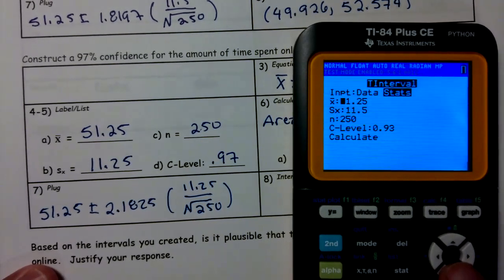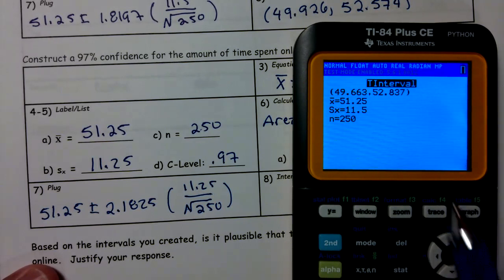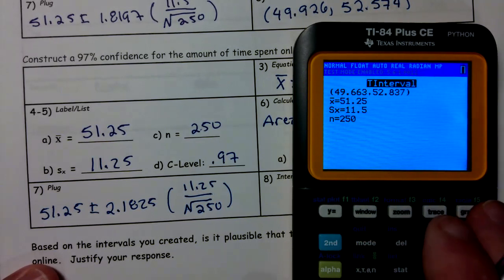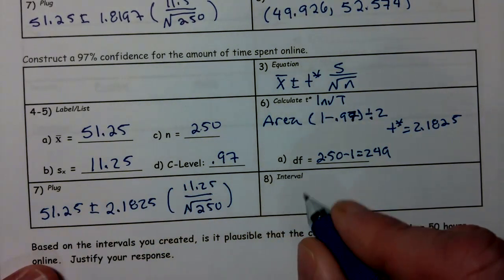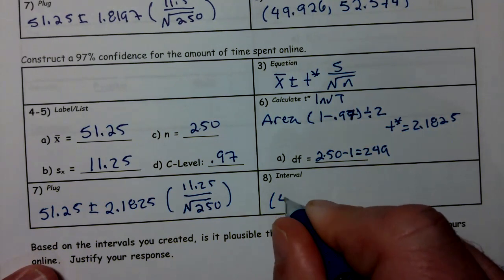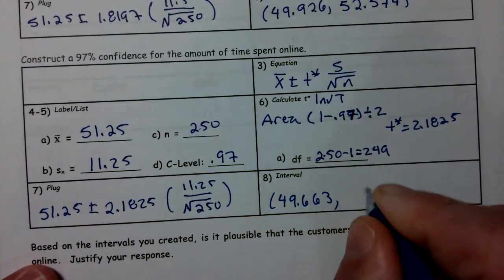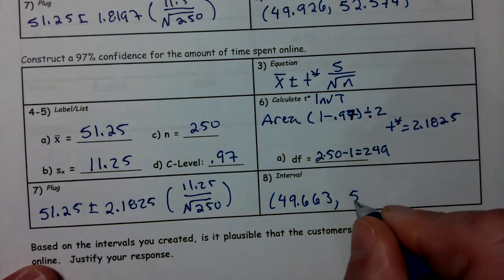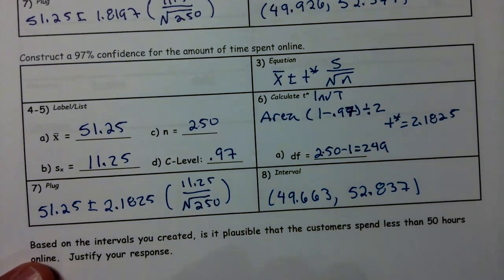We have our sample mean in, our sample standard deviation, and our sample size. We need to change that confidence level to 97%. And I end up getting 49.663 to 52.837. So my interval is 49.663 to 52.837, and these are the number of hours.